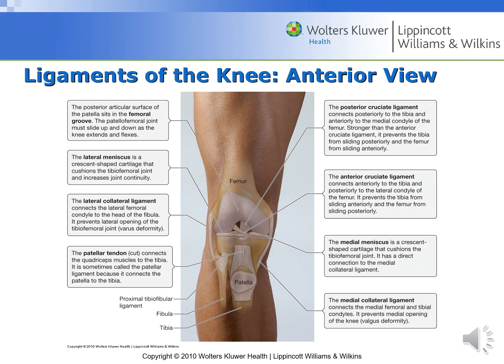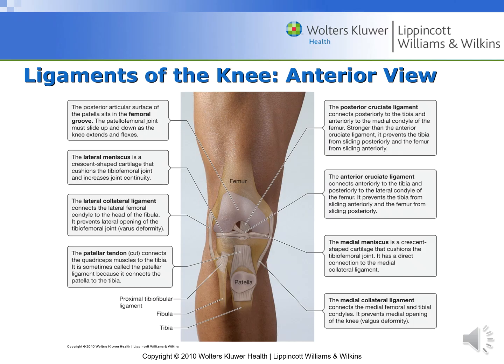Let's now take a look at the ligaments of the knee from an anterior view. The posterior articular surface of the patella sits in the femoral groove. The patellofemoral joint must glide up and down as the knee extends and flexes.